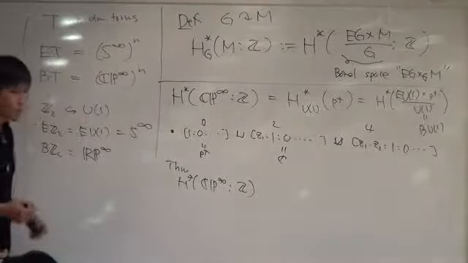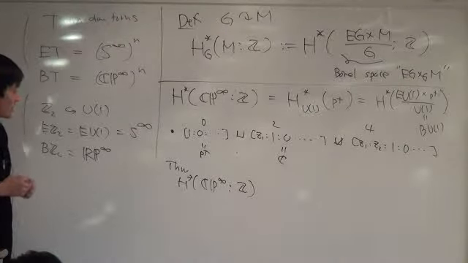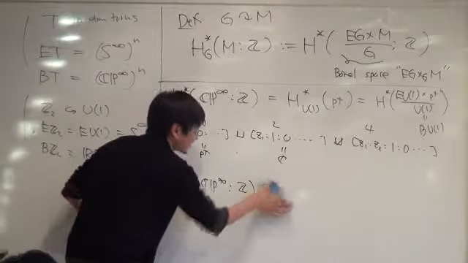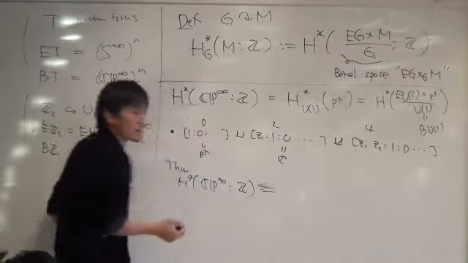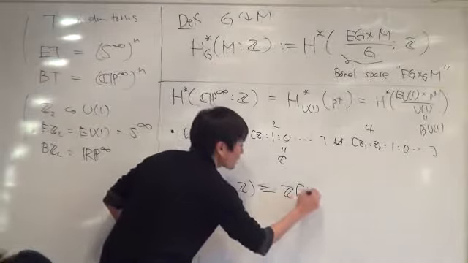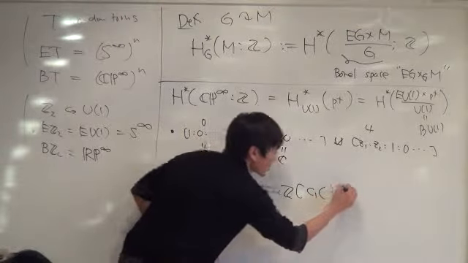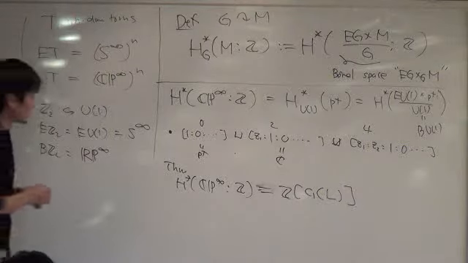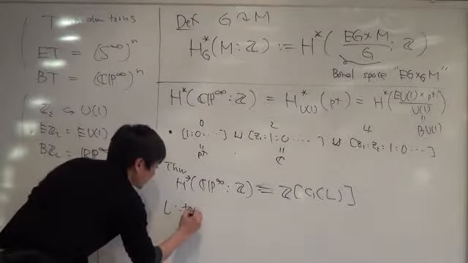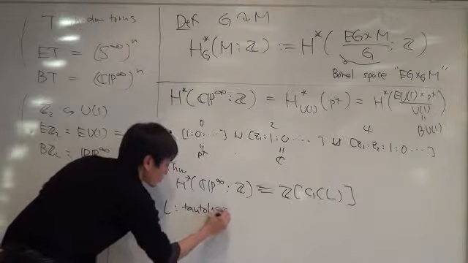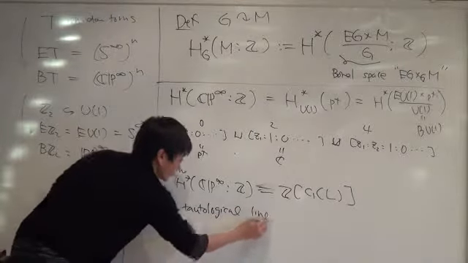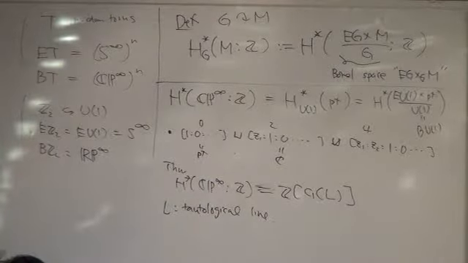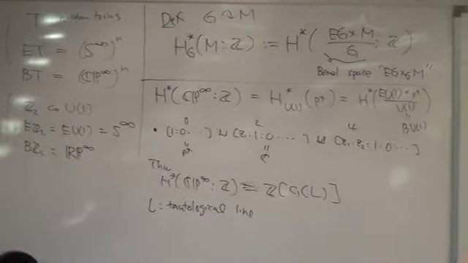So the cohomology ring of CP infinity is exactly generated by the first Chern class of the tautological line bundle. Yeah? So what is the tautological line bundle? I mean, CP infinity is a bunch of lines in C infinity, right?